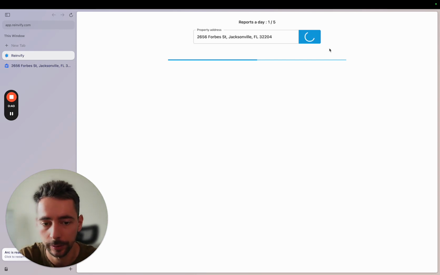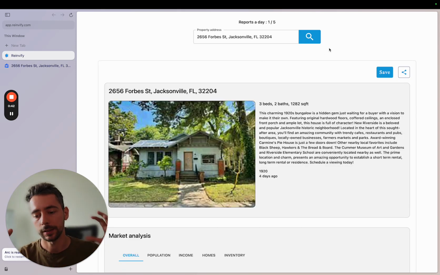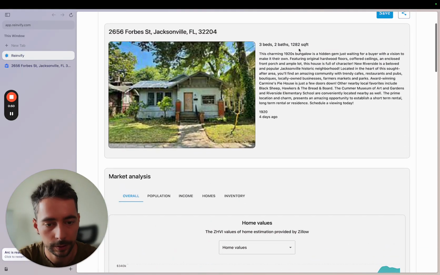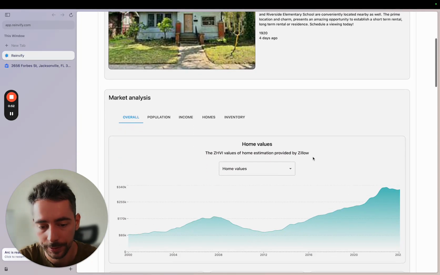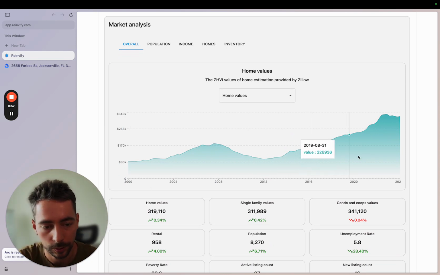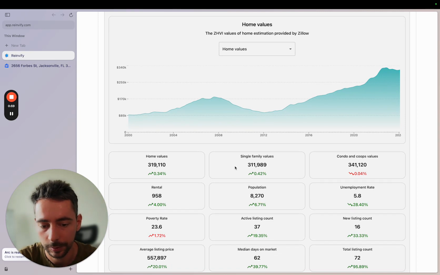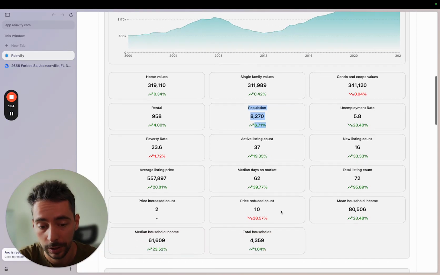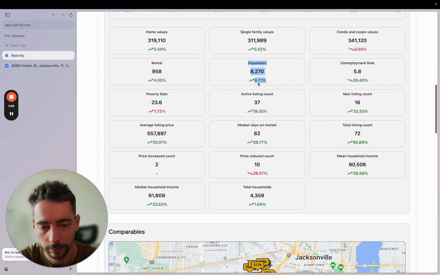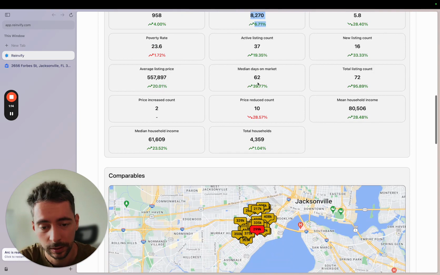And now I'm just waiting for the tool to gather data about everything it knows about the property, including general property description, market analysis for a particular zip code, so I can see important market metrics like population growth in this area. That looks pretty good. So the average in the US is somewhere around 2 to 4%, I think.